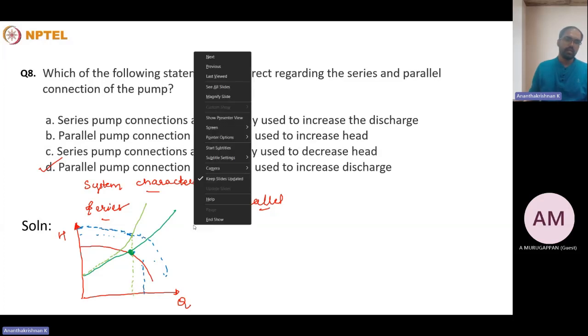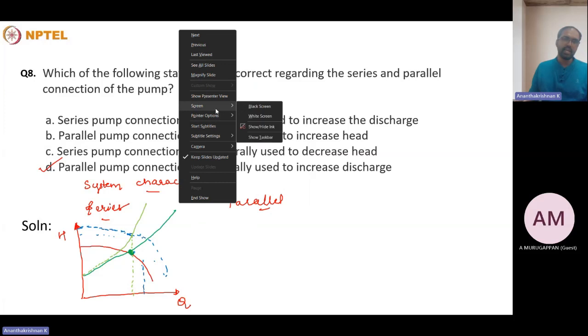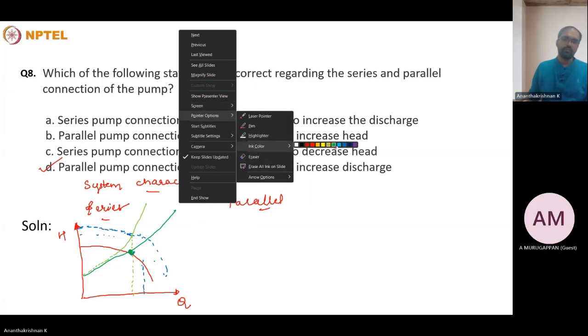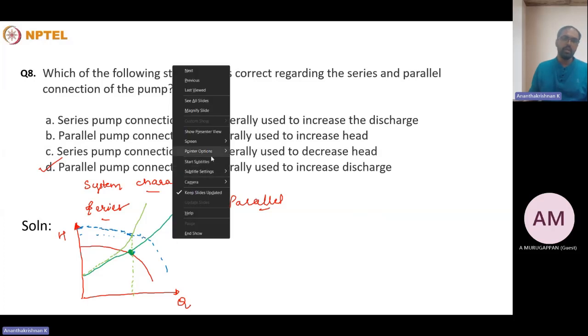So this will be the new analysis for a series of pumps compared to a single pump which was used alone to meet the needs. The system characteristic itself will change based on the fittings as well as bends. So many things come into the picture because of the addition of a few pumps in series.